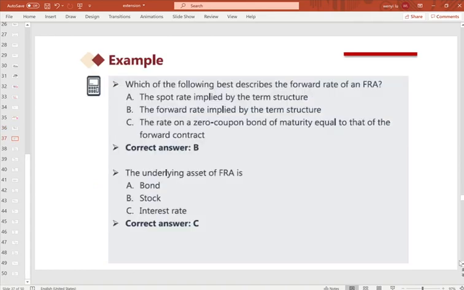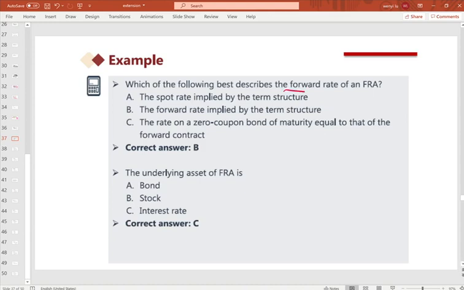Okay, before we do the calculations, let me give you some examples in the questions. Which of the following best describes the forward rate of an FRA?